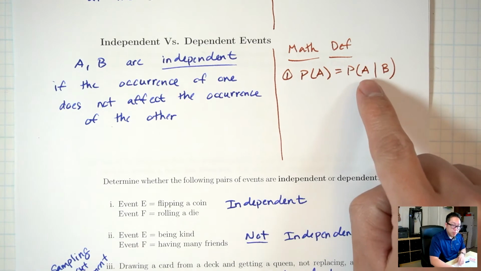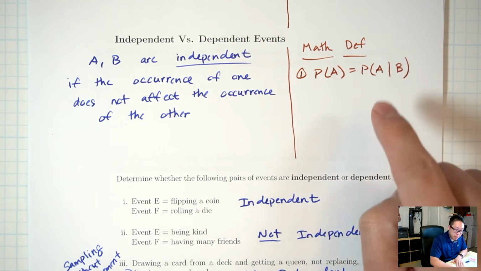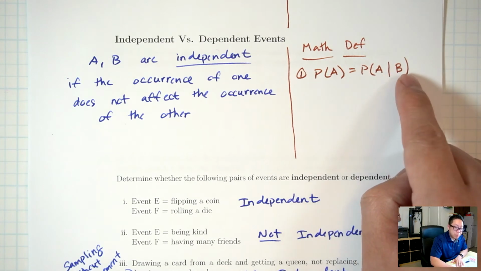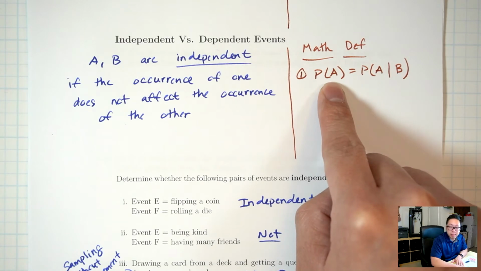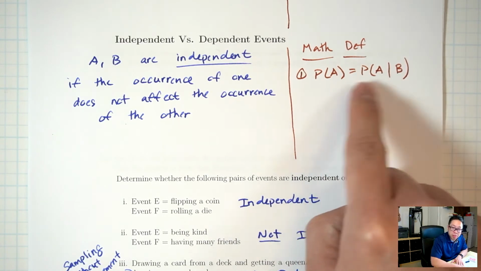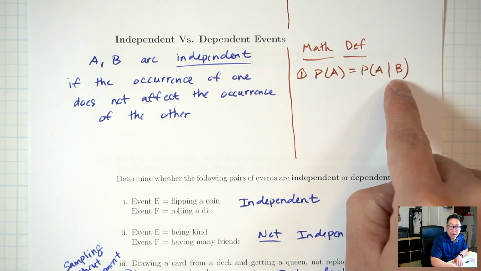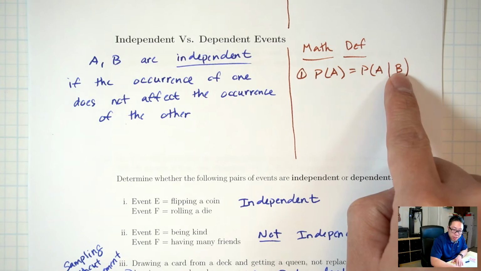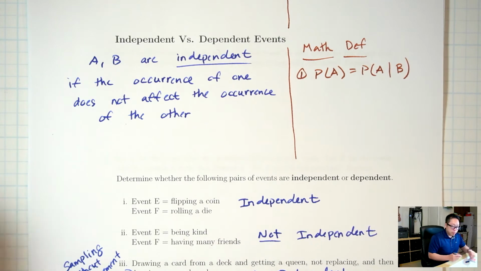So this means probability of A given that B already occurred. Okay, so what this is saying is that probability of A, knowing that B already occurred, gives you the same answer as regular probability of A. In other words, sticking on this given B doesn't change the answer, right? That's exactly what it means for B not affecting A at all. Knowing that B occurred, you get the same answer as regular probability of A, okay? So that's one equation you're going to check.